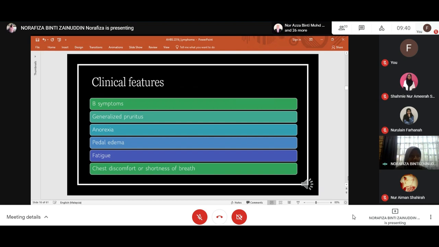Pain in an enlarged lymph node or organ may be noted if the lymphomatous mass enlarges quickly.